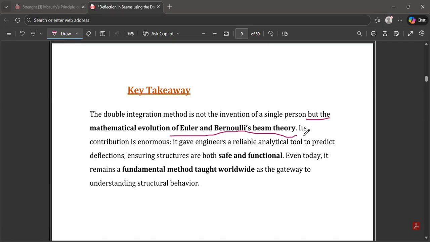But because of them, when a building is designed by structural engineers, or let me say by an architect, if you know all these formulas, you can calculate the deflection, the shear force, the bending moment.